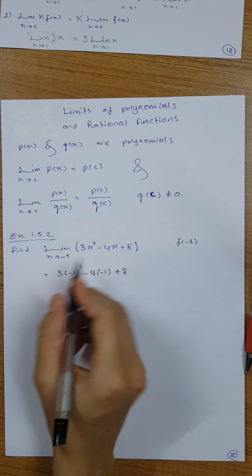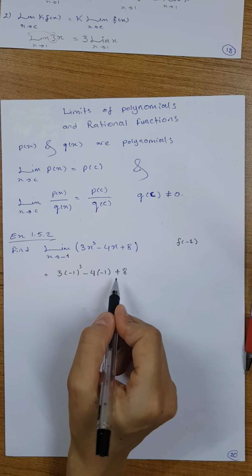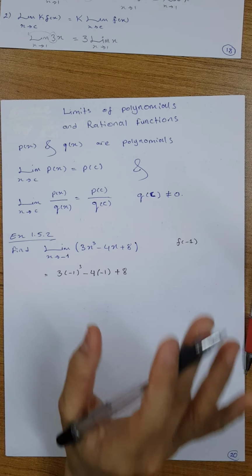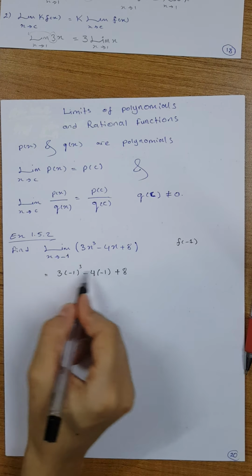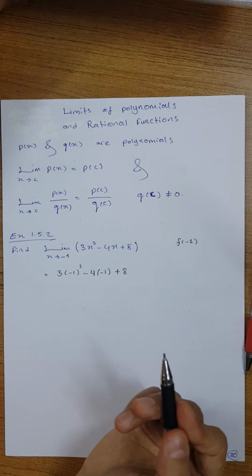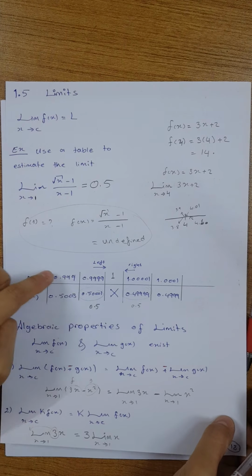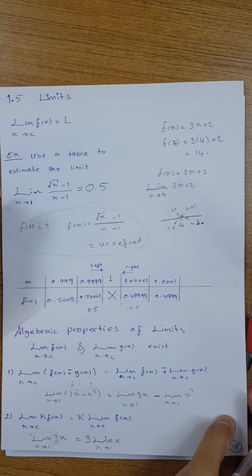Why did I do it like that? Because if I input -1 into here, it makes no problem. So putting this one in there will be the same thing as if I would check the behavior of that function near -1, from the left side and from the right side. It would give me the same result if I approach from both sides.